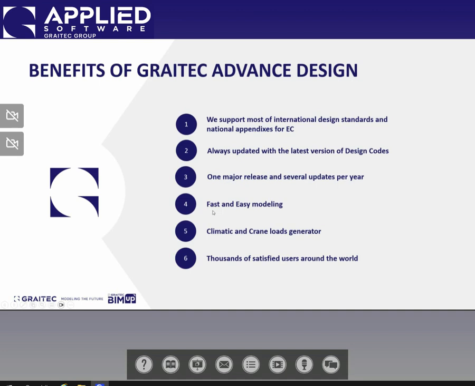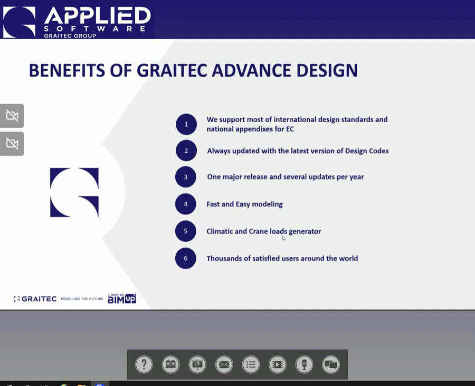The modeling in Advanced Design is very fast and easy. It's basically like a CAD tool. It has so many features that make modeling very easy. For example, to draw a 2D frame or 3D frame, we have snap points automatically. You can add your members using those snap points. You don't need to define any nodes or coordinates. We have climatic and crane loads generators automatically in Advanced Design, which is able to automatically detect the properties of the structure, the panels, and so on.